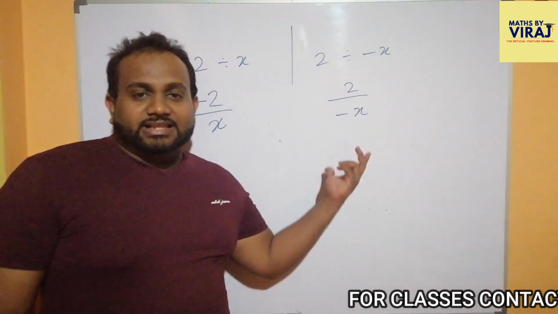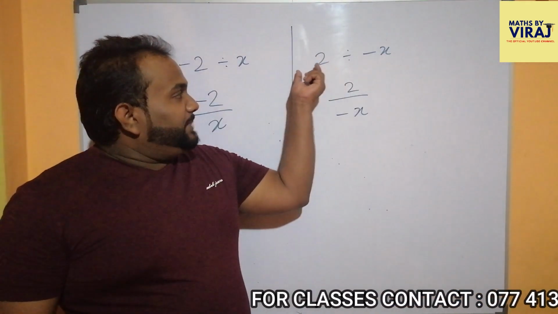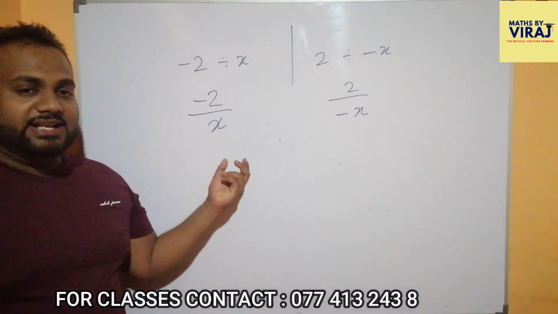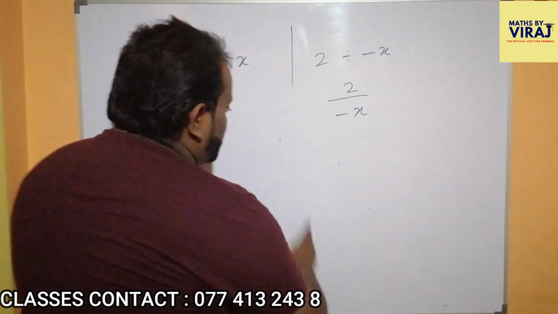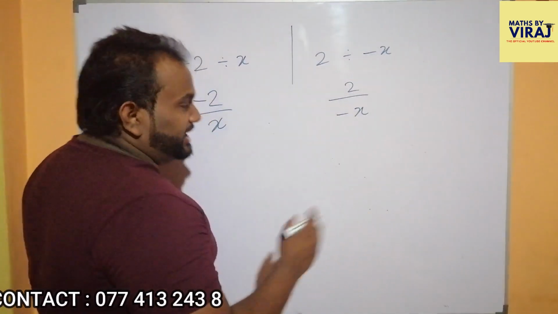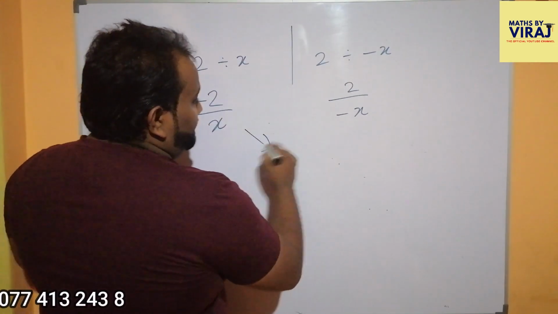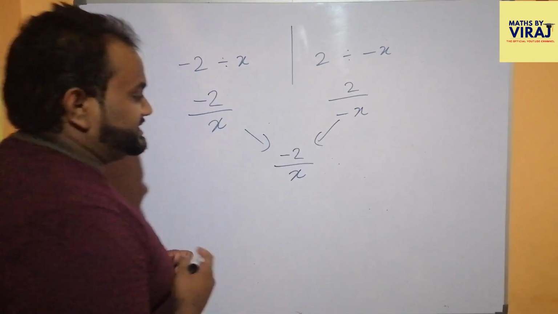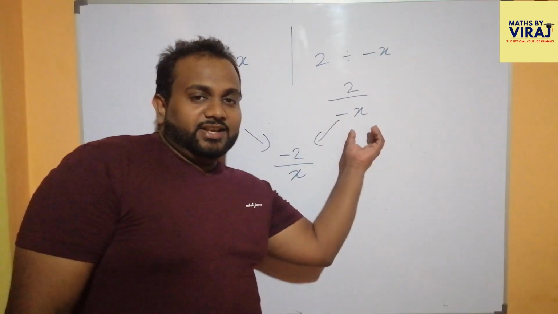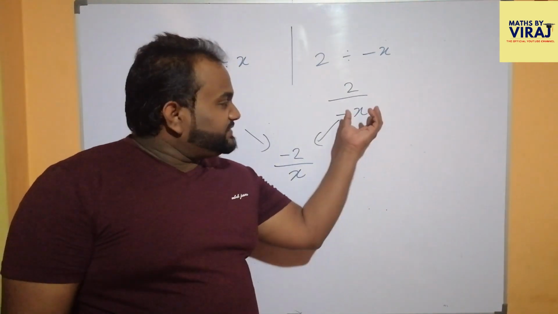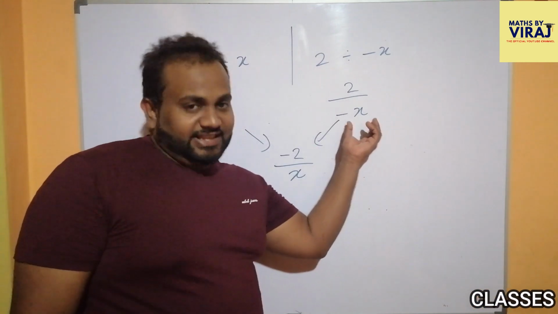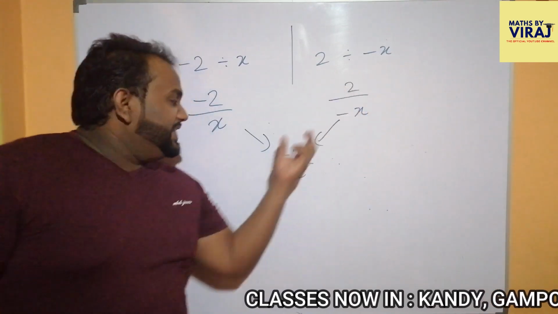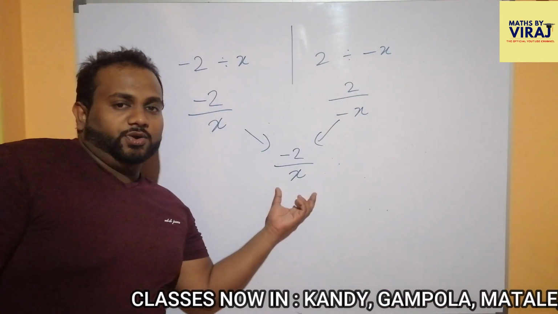Now children, both are the same, obviously, because plus divided by minus is minus, minus divided by a plus is minus. But to write it in a very methodical way, we can agree to write it in the form minus 2 over x. Most of the time we do not write it the other way, even though a positive number is divided by a negative number.